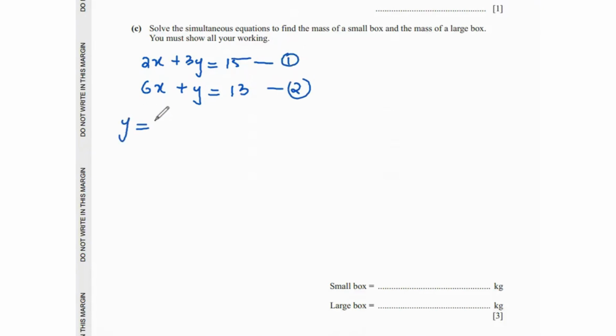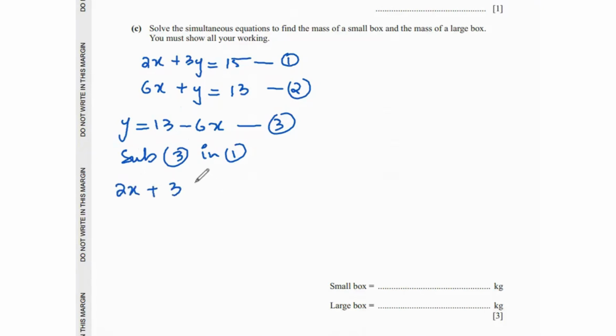So y is 13 minus 6x. This becomes our third equation. You can substitute the third equation in the first one. So that's going to be 2x plus 3 bracket 13 minus 6x. Wherever there is y in the first equation, we replace that with 13 minus 6x.